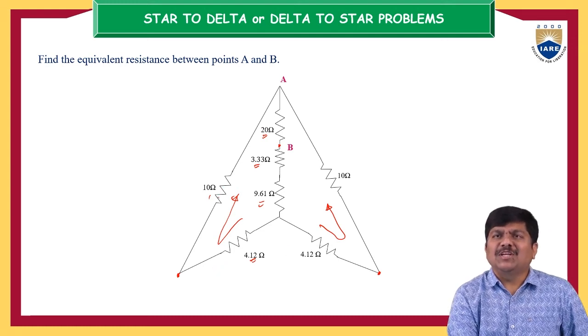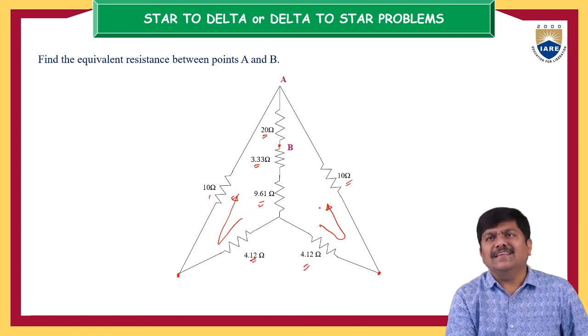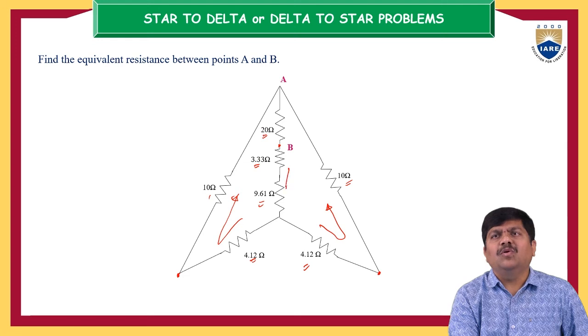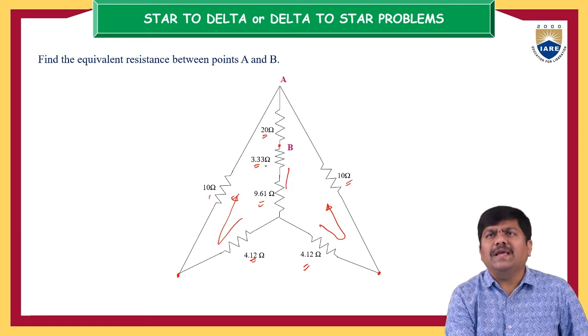So simply this 10 ohm and this 4.12 are series connected, and this 4.12 and 10 ohm again are series connected. So there are three series sections along with these outer sides, and one more was formed because of the 3.33 and 9.61 ohm.